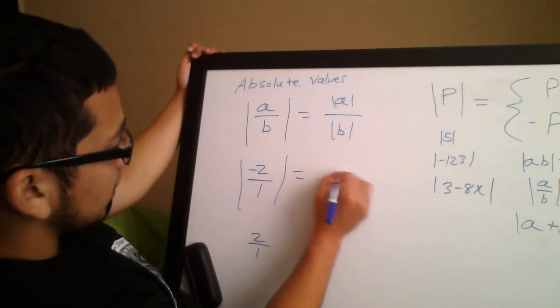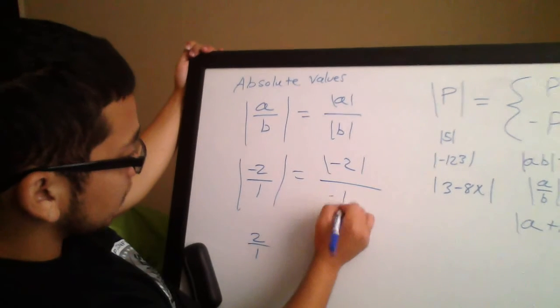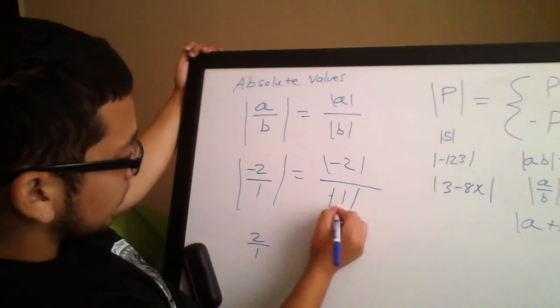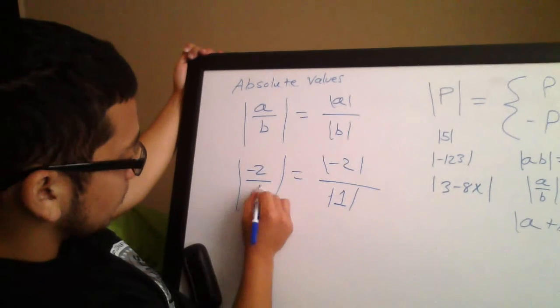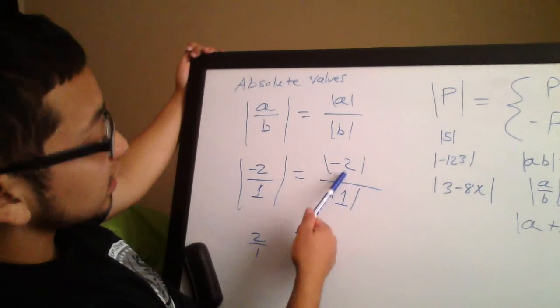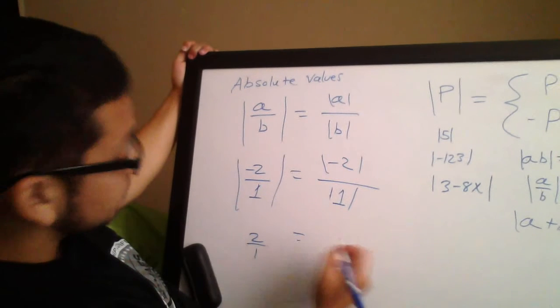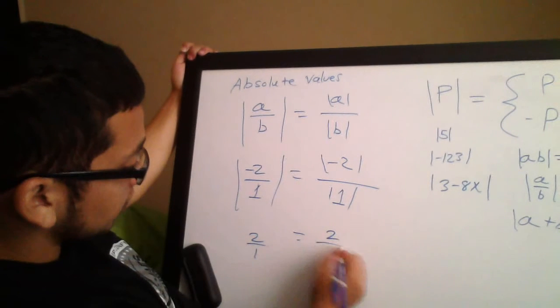And again, I have the absolute value of negative 2 over the absolute value of 1, that's equal to, the absolute value of negative 2 is a negative times a negative, which is a positive. So I get positive 2 over 1. Same answer.